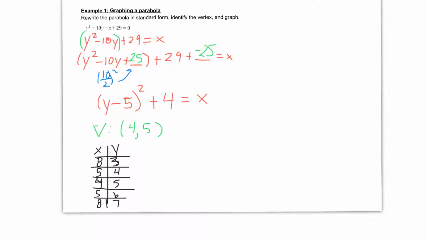So we can sketch a graph over here. We have our vertex at 4, 5. So that's right here. Then we have the point 8, 3. We have the point 5, 4.